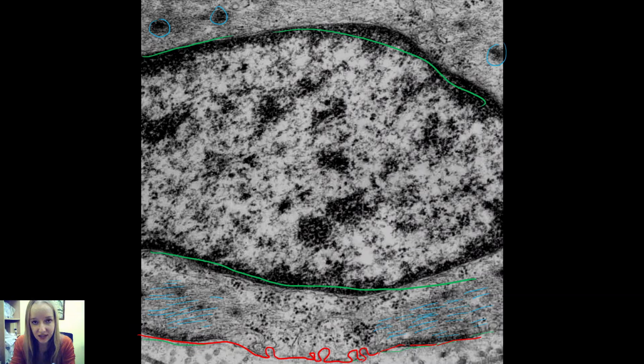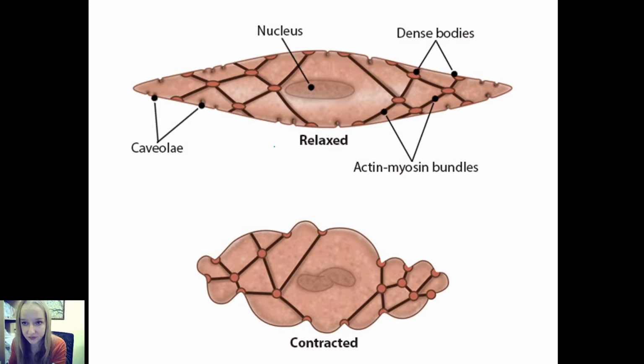They also contain alpha-actinin, which can also be found in a Z-line in cardiac muscle or in skeletal muscle. So I'm going to write it down, alpha-actinin once again, which is connecting thin filaments. So here we can see how it looks like. This is the relaxed smooth muscle cell, and this is contracted, so it's like twisted.